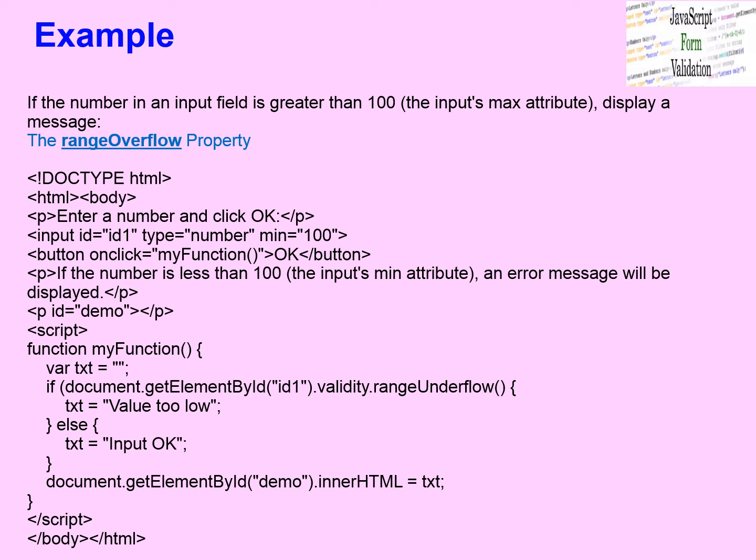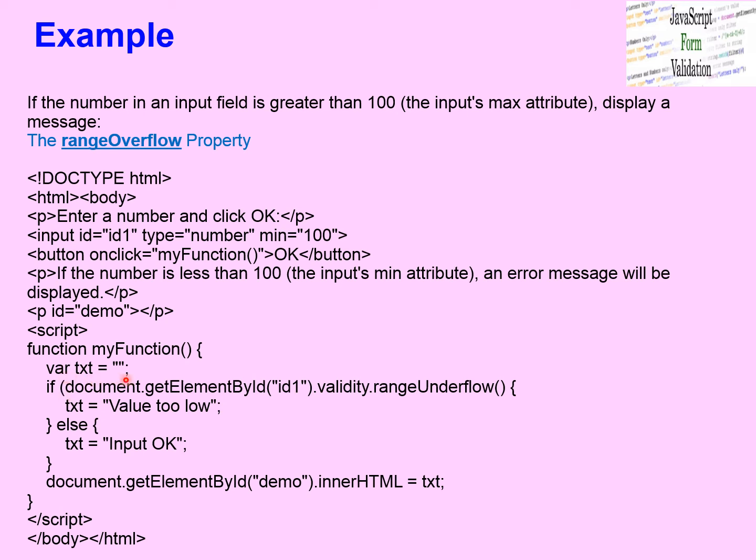In this particular paragraph, there will be no content. Then after the paragraph definition, the script tag is open, which contains a function called myFunction. This myFunction initially has a variable txt equal to a null value.